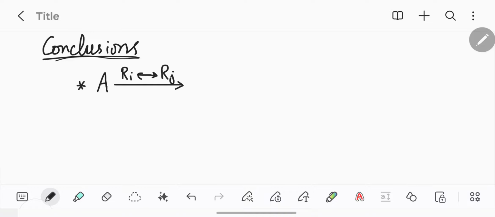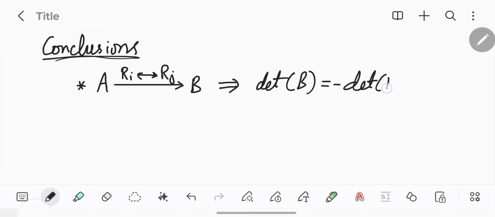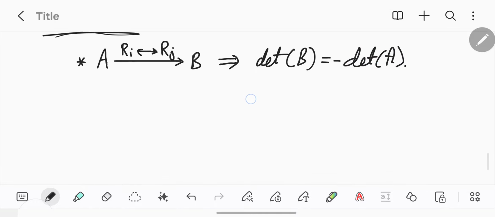So if I interchange any two rows or any two columns, then I will get a new matrix B. If I apply the determinant on both of them, the theory which we have developed previously says the determinant of A equals negative of the determinant of B, or determinant of B equals the negative of the determinant of A. This is the first conclusion.